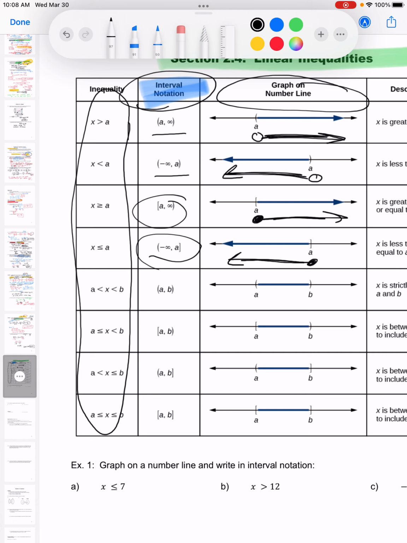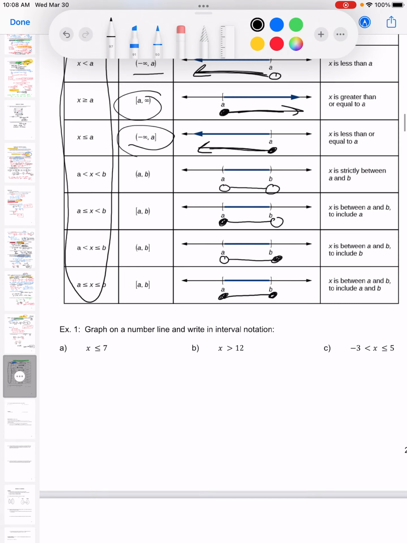We can have open and closed together. So here we would have had two open circles. Here we would have closed and then an open, then a closed, and two closed circles. So instead of open and closed now, we're going to be using these brackets and parentheses. We're going to practice writing them out right down below here in some of these examples.